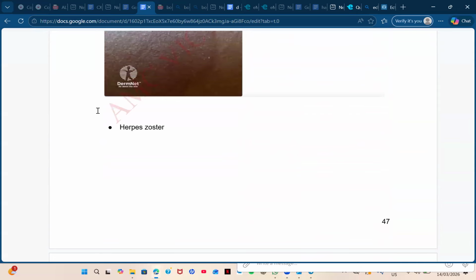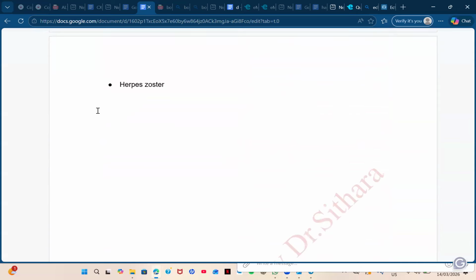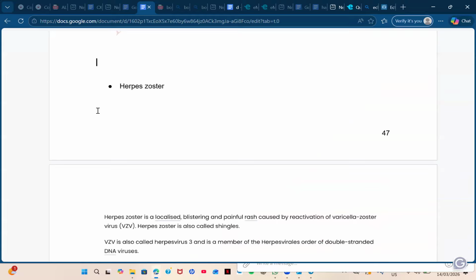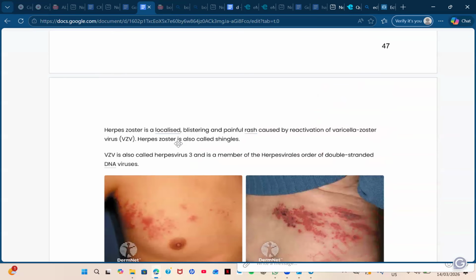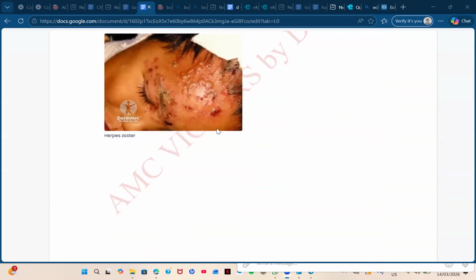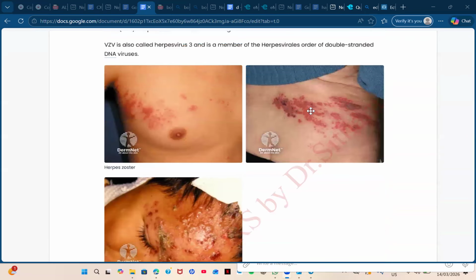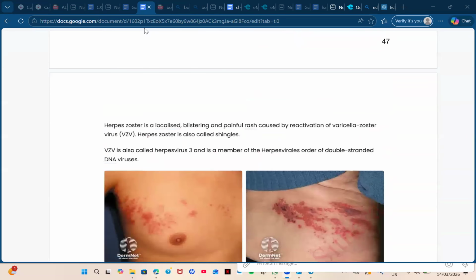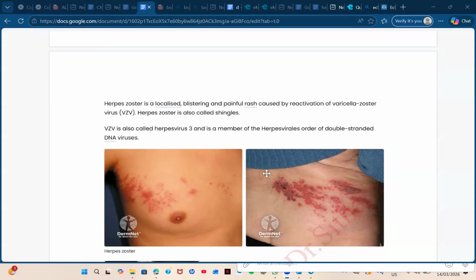Then what do you know about herpes zoster, doctors? Herpes zoster is a localized blistering and painful rash caused by reactivation of varicella zoster virus, also called shingles.